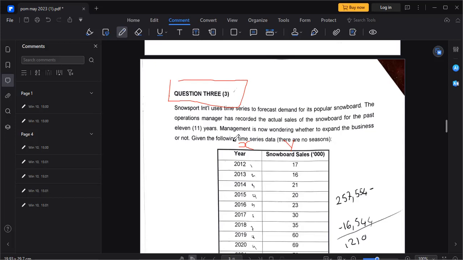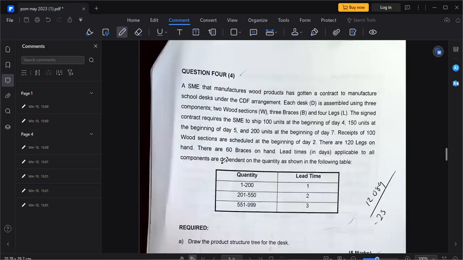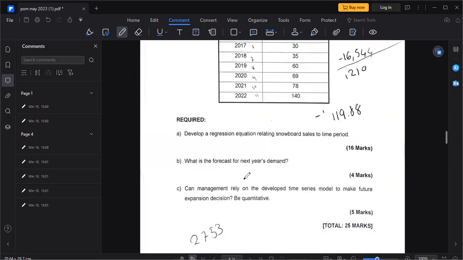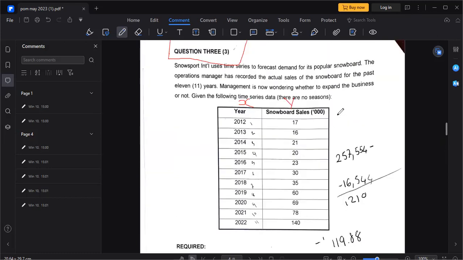The years can be put as X values, and they want us to find the forecast for next year's demand.